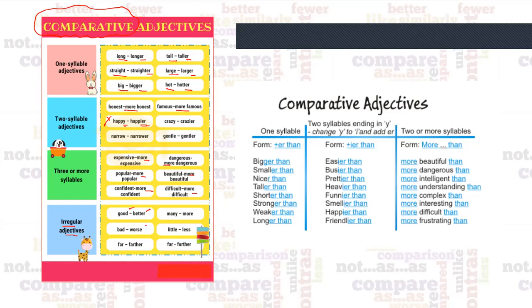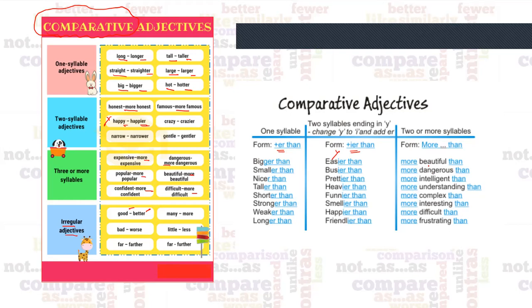So before you start writing the essay, you should have a clear idea of this. Probably you should go through the adjectives, how they make comparatives, and then start. See, it's clear here. Smaller words plus ER, and if it ends with Y, you cancel the Y and add IER.